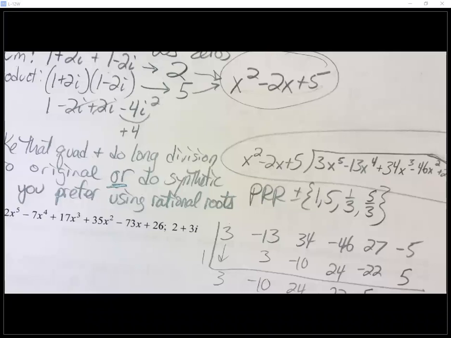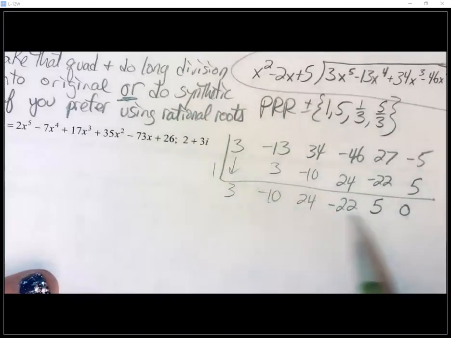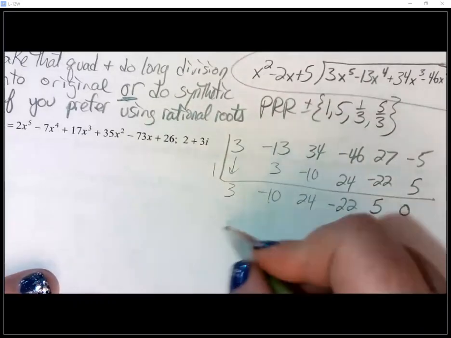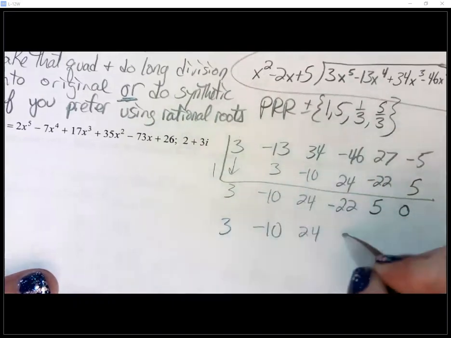I don't know. What do you want to do? Do you want to do synthetic or do you want to do long division now? Well, since we have a whole group of people, let's divide and conquer. I get to use these new coefficients now, so I'm going to keep doing my synthetic with just these coefficients. I don't need the constant or the remainder anymore.